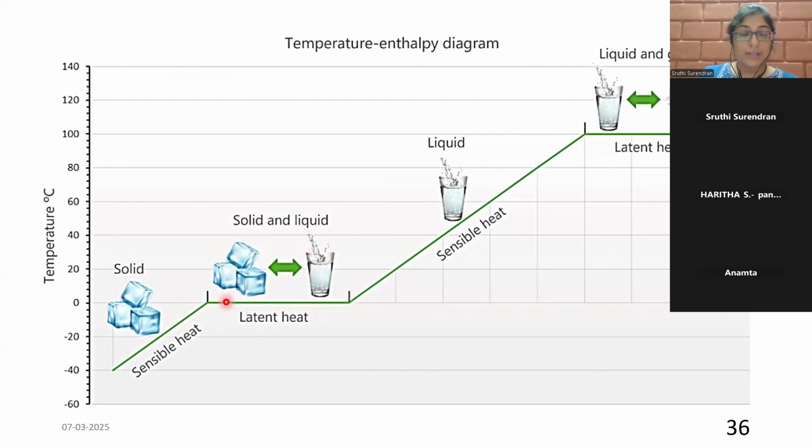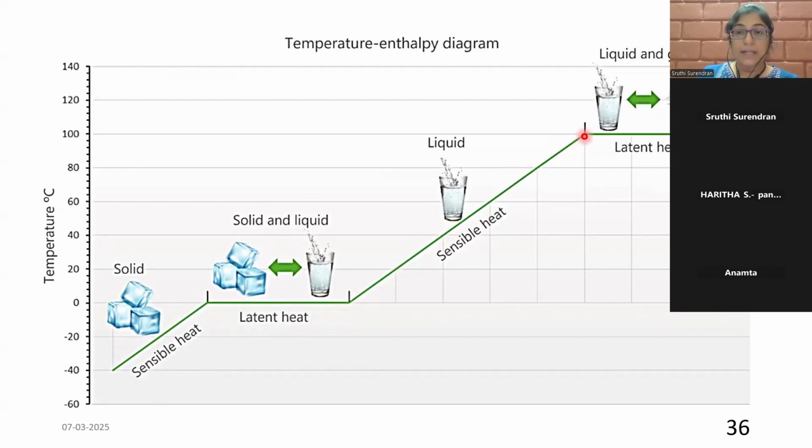This heat is called the latent heat. So latent heat is the heat that results in the phase change of the object that is experiencing heat without any change in temperature, whereas sensible heat is the heat that is resulting in the change in temperature of the object without any change in the phase. So again, water keeps on increasing its temperature until 100 degrees Celsius, when it starts boiling.